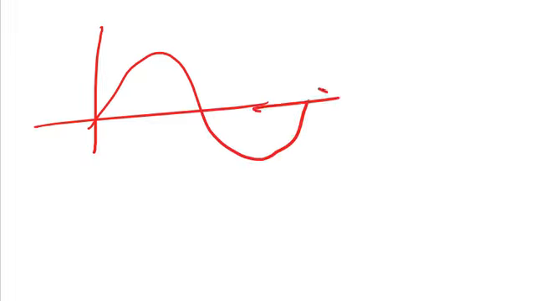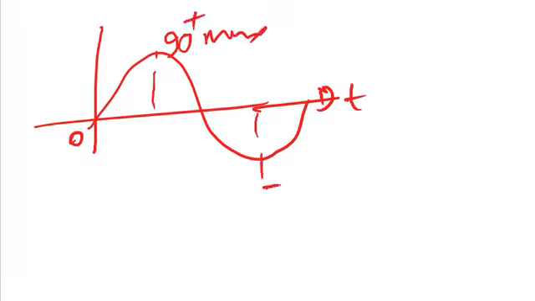Another important thing: why are we calling this one the sine wave diagram? Also, at 90 degree is the max, obviously positive max and negative max. That one is 180 and 270 degree and 360 degree.